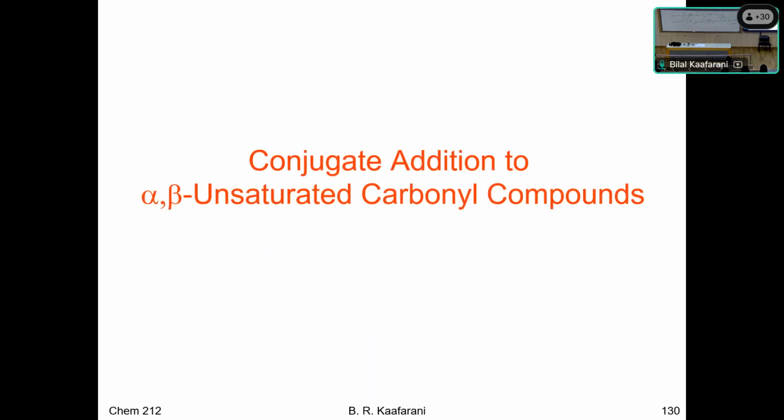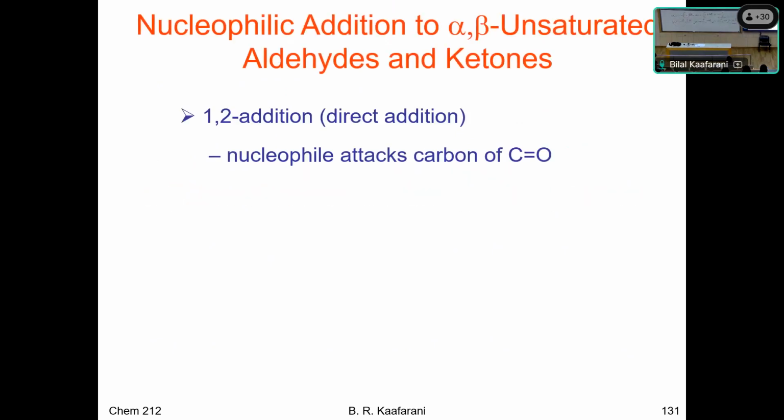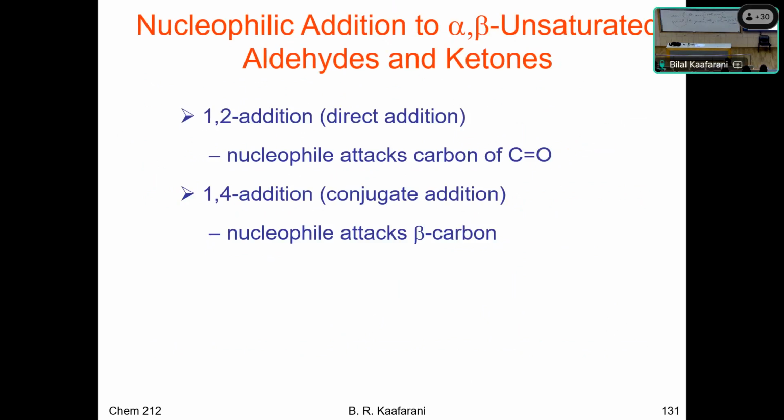So let's talk about the conjugate addition to an alpha beta unsaturated system. The 1,2 addition will be a direct attack. The nucleophile will attack the carbon of the carbonyl. The 1,4 addition, we also refer to as the conjugate addition. Your nucleophile will be attacking the beta carbon.